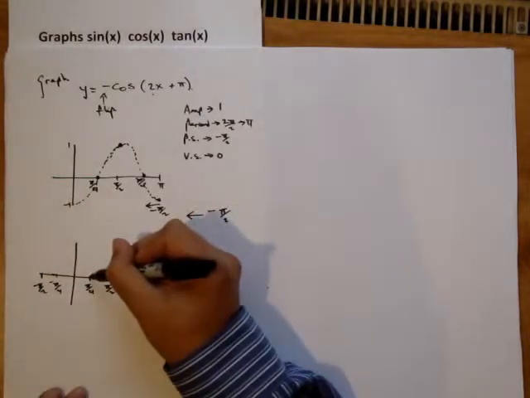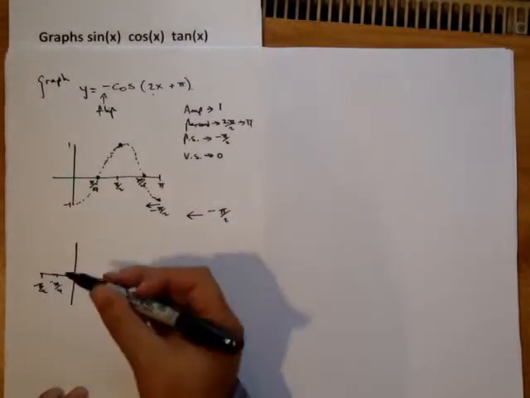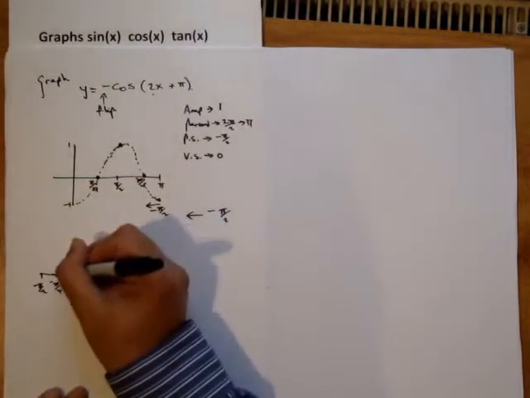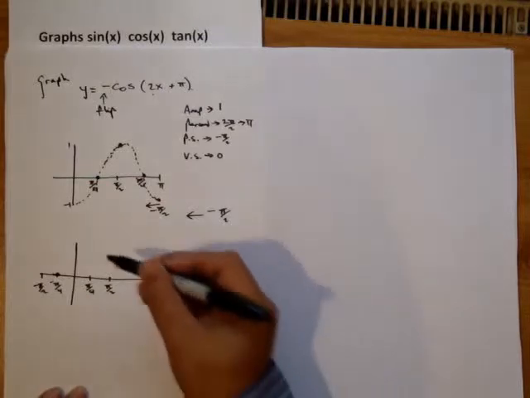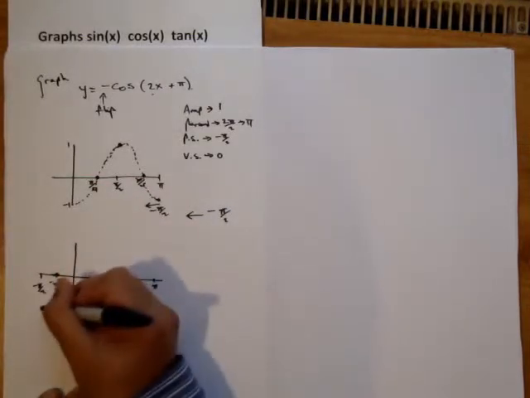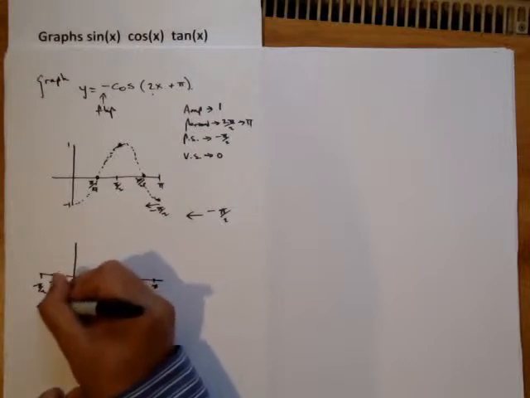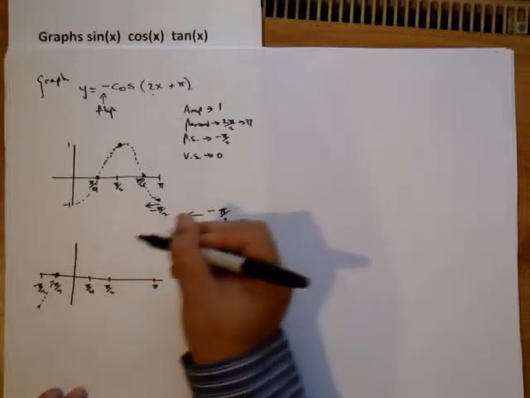So this minus pi over 4 is shifted over here to minus pi over 4. This minus 1 is shifted over here to minus pi over 2. So our curve goes something like this.